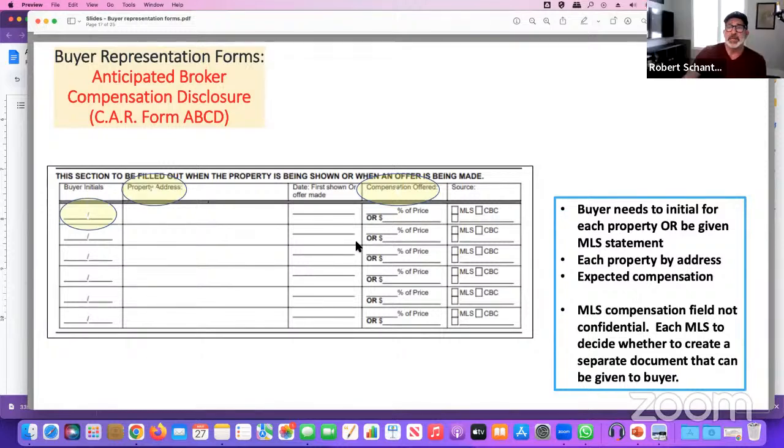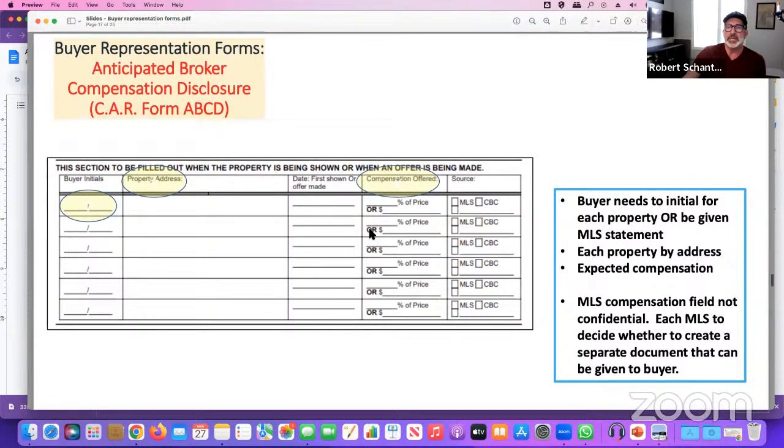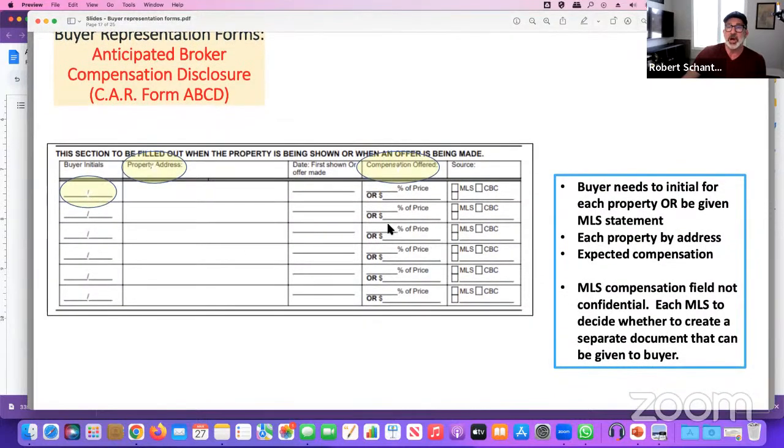Important, then the buyer needs to initial each property or be given the MLS statement, each property by address, expected compensation and MLS compensation field not confidential. Each MLS to decide whether to create a separate document that can be given to the buyer. I'm seeing in the chat box that Karine says she saw recently the buyer hot sheets now include the cooperating broker commission, whereas before it did not.